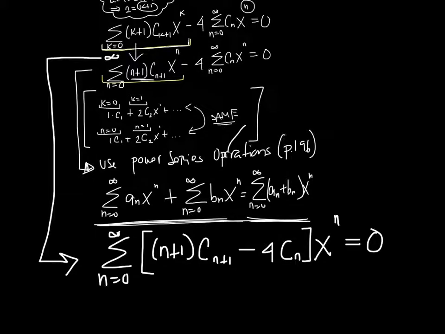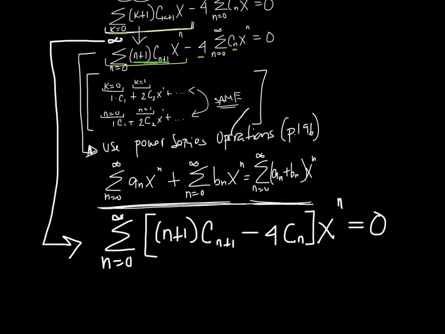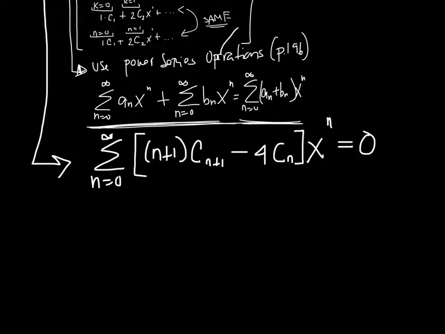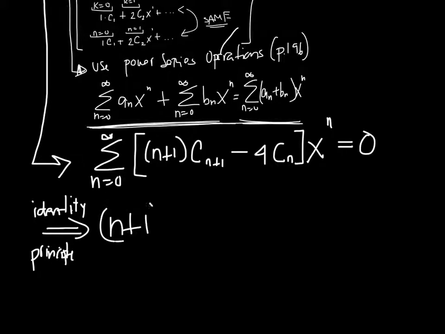I'm writing everything except my x to the n. Now that I used the power series operations, by the identity principle in your book, also on page 196, I'm allowed to equate the coefficients, just like we did in chapter 2, but here we have an infinite series. So n plus 1, c n plus 1, minus 4 c n is equal to 0.